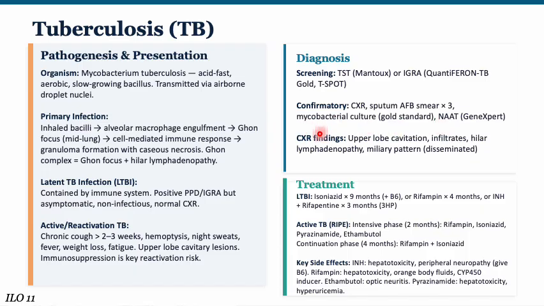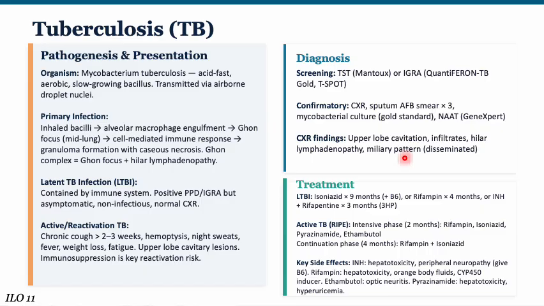The mycobacterial culture is a gold standard, and also the nucleic acid amplification test is a very highly sensitive test that can also be utilized. Your chest radiograph will show upper lobe cavitations, infiltrates, hilar lymphadenopathy, and a miliary pattern, meaning it's disseminated.